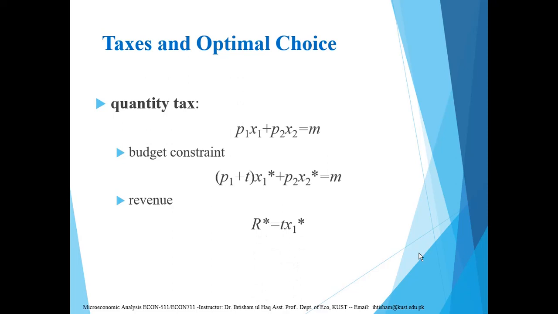Revenue. The revenue the government collects will be equal to T times X1. It depends upon the number of units consumed of good one, in this case X1.